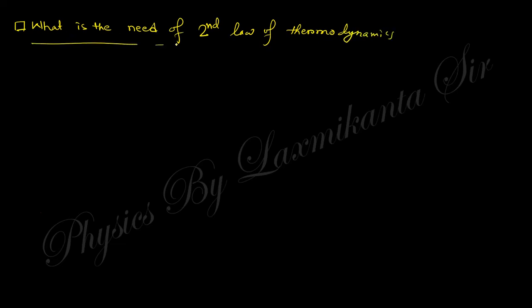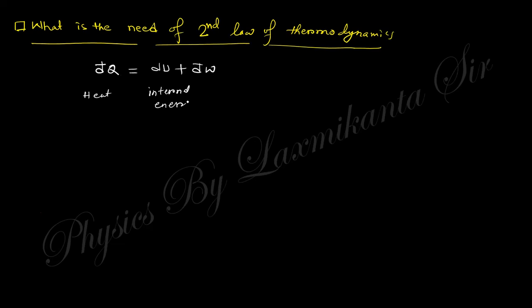You know from the previous lecture that the first law of thermodynamics says dQ, which is a path function, equals dU plus dW, where dQ is heat, dU is internal energy, and dW is work done. So the heat supplied is used as internal energy and work done.